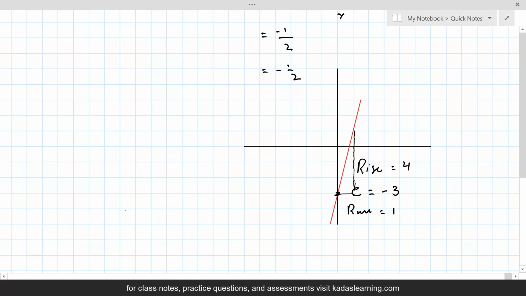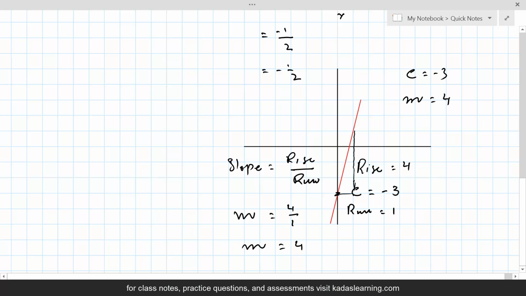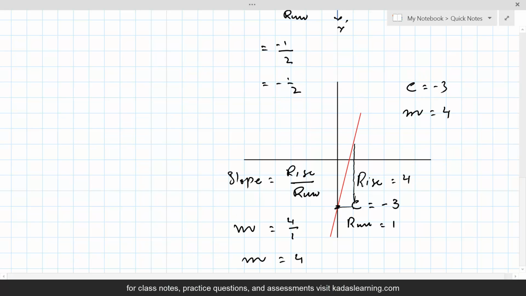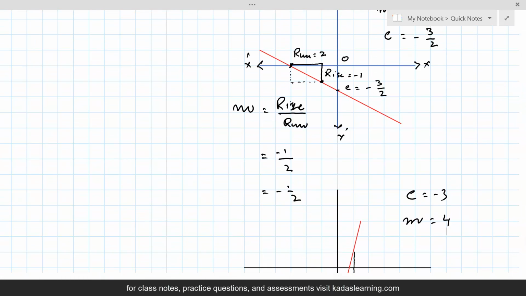Therefore the slope, which is equal to rise over run, is equal to 4/1. So m is equal to 4. So for this line, c is equal to -3 and m is equal to 4. This is how we can calculate slope and y-intercept for graph of the straight line.